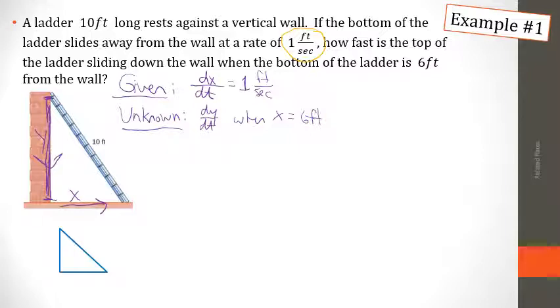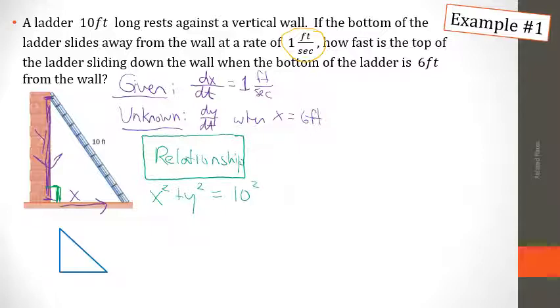Now we need to find the relationship. Well, if you look at this, it looks to me like we have a right triangle right here. You'll see that 90-degree angle. So the relationship is x squared plus y squared equals 10 squared, or x squared plus y squared is 100.